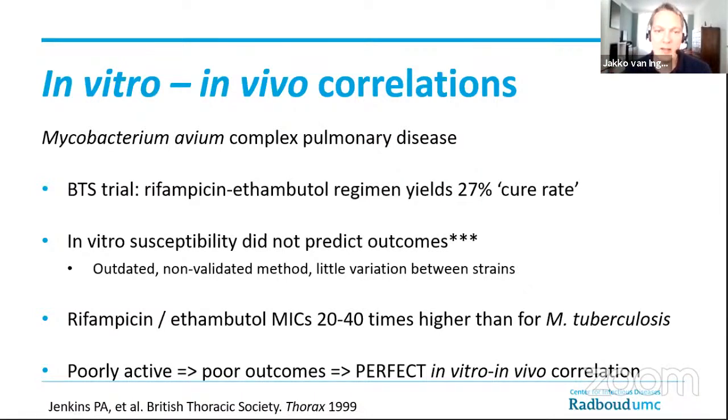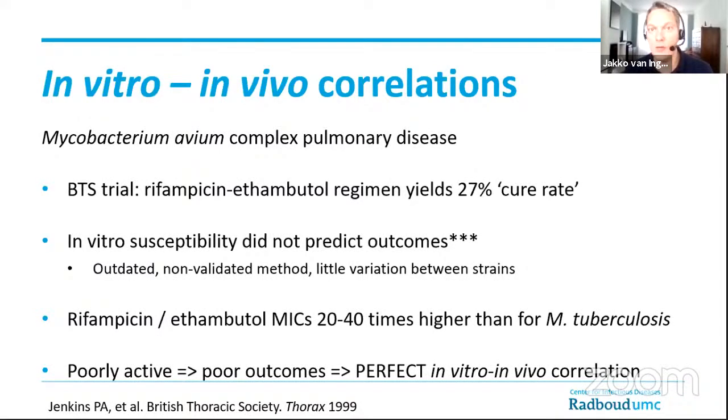So as I said, the current regimen consists of rifampicin, ethambutol and azithromycin, a macrolide. In the previous days, when the macrolides were not yet considered for this disease, it was treated with combinations of rifampicin and ethambutol.